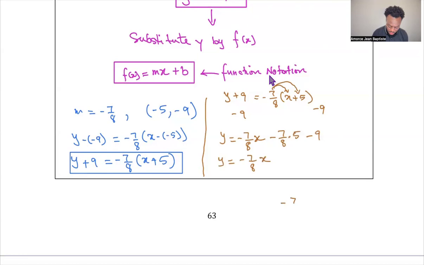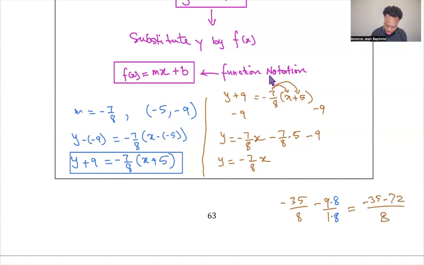Negative 7 times 5 is negative 35 over 8 minus 9. So if we multiply top and bottom by 8 to get the common denominator, that is negative 35 minus 72 over 8.